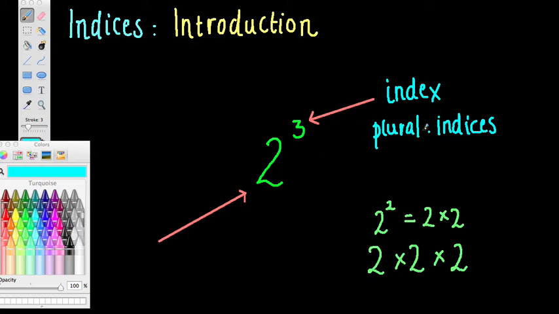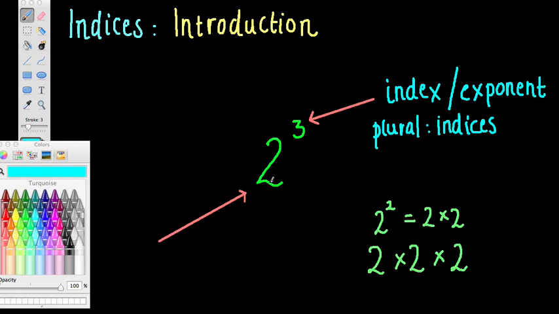When I'm talking about more than one, indices is the word I use. Another word for this is exponent. I use that word less, but it does come up sometimes, so we should be familiar with that. The index or the exponent, and of course, indices, we're talking about the same thing.